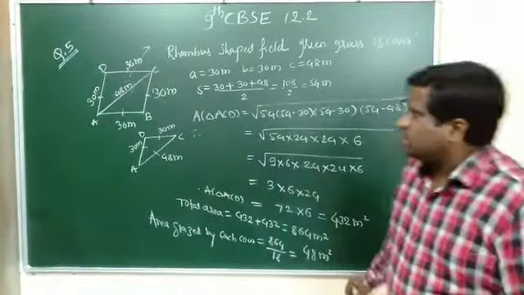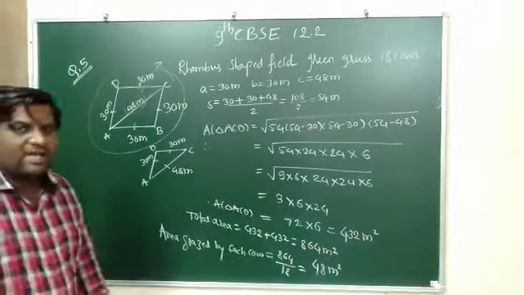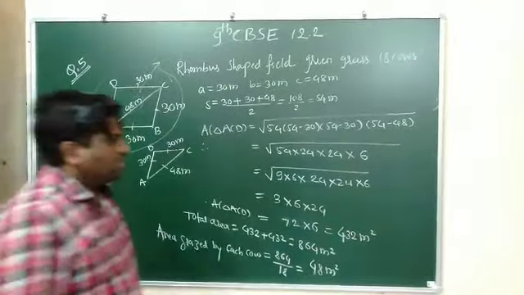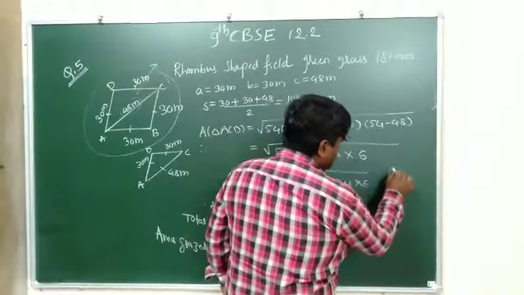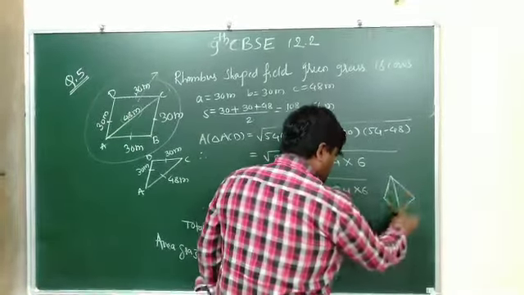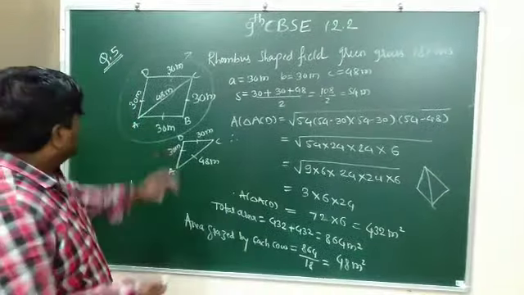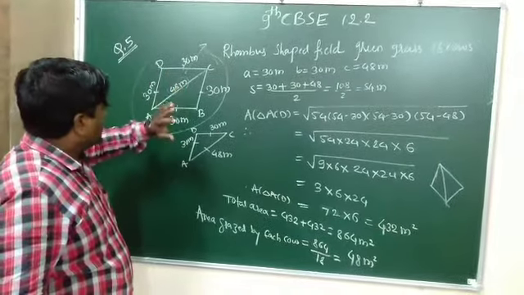Initially we have to find the area of this entire grass field. For that I need to split this figure into two well-known figures. This is the rhombus, so I am going to split this into two triangles. This is 30, this is 30, and this is 48.